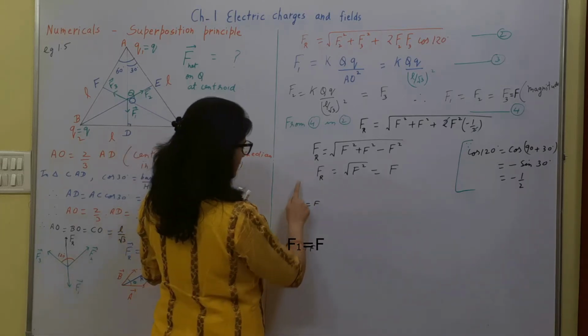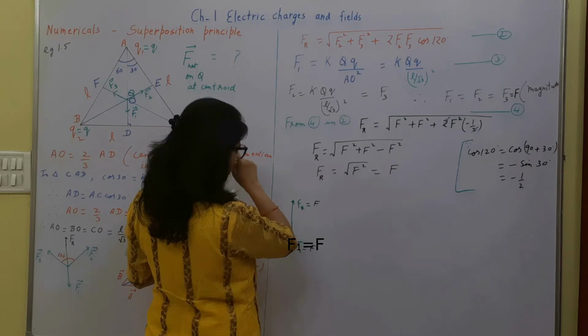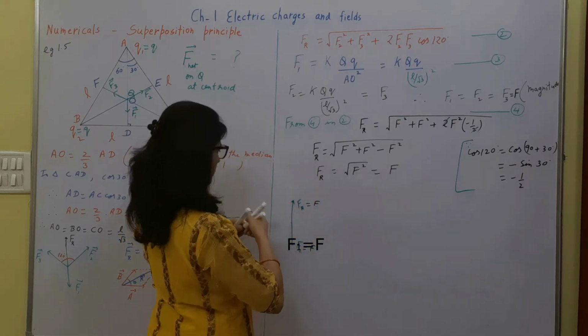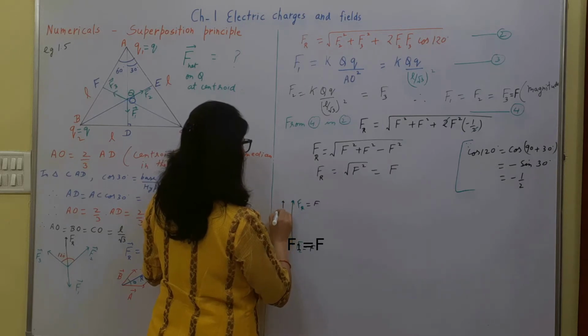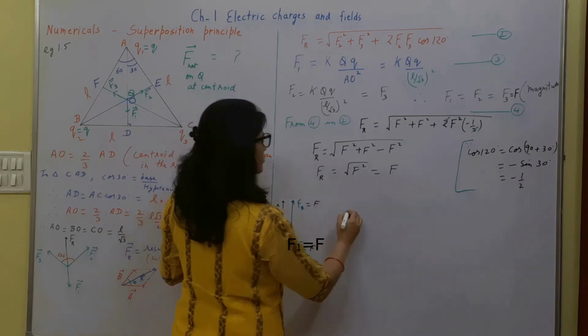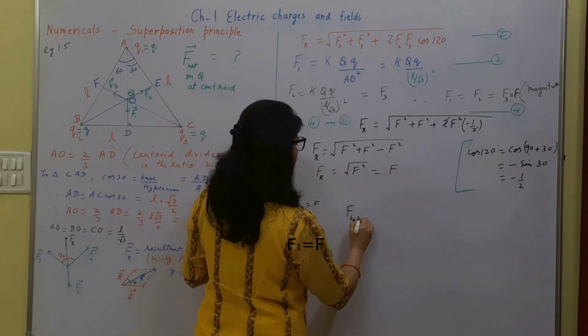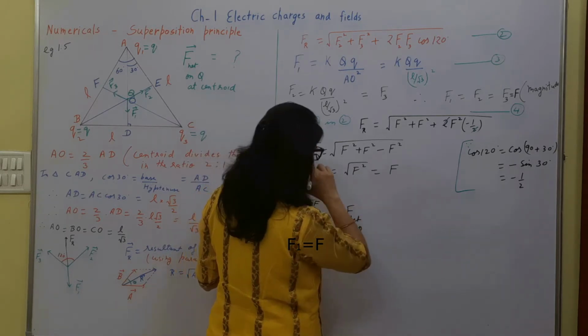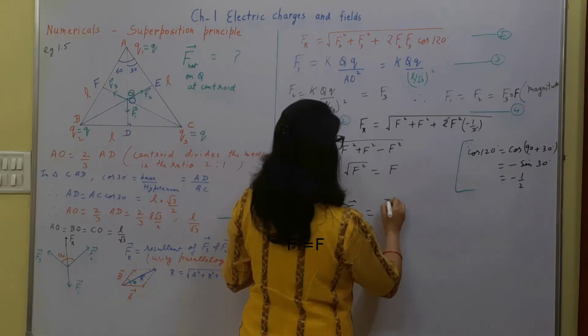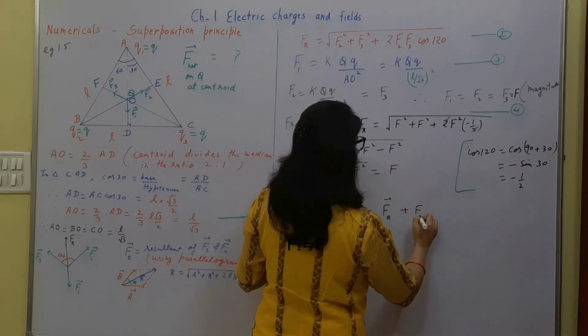And if this is in this direction, this is in this direction, these are in opposite direction. So if I mark the upward direction as r cap, then this direction will be minus r cap. So F net on q will be vector sum of F r plus F2.